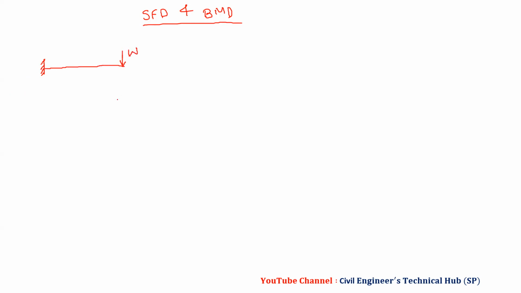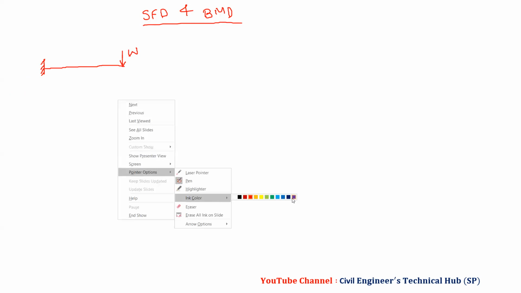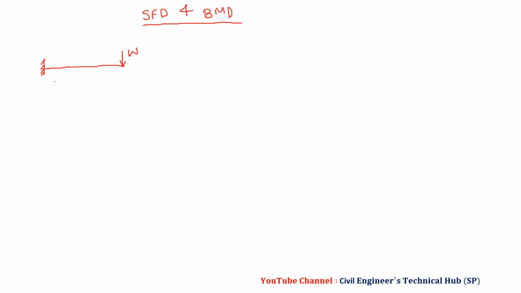Now whenever we have this, if I draw the reactions, then we have reaction W over here. And if I say this is L, then the moment due to this load is clockwise.